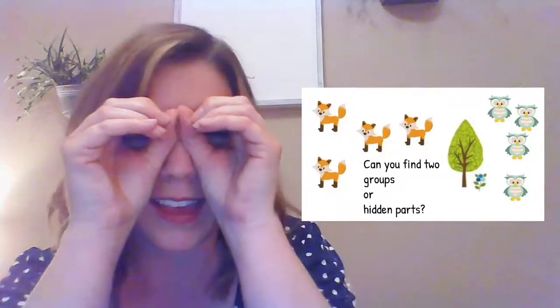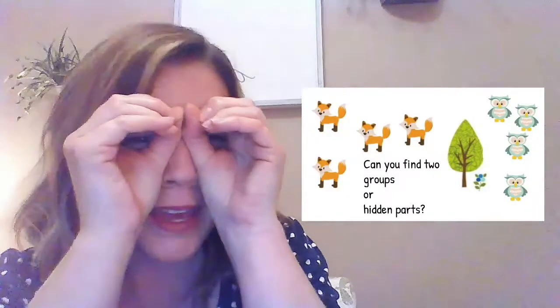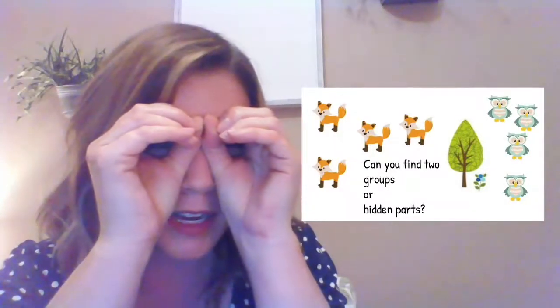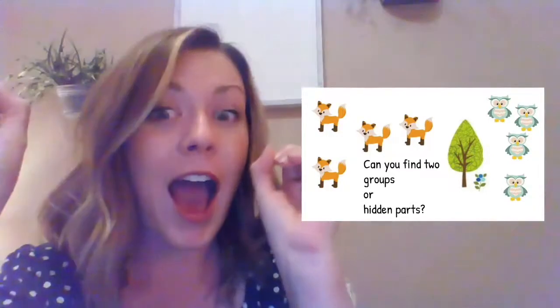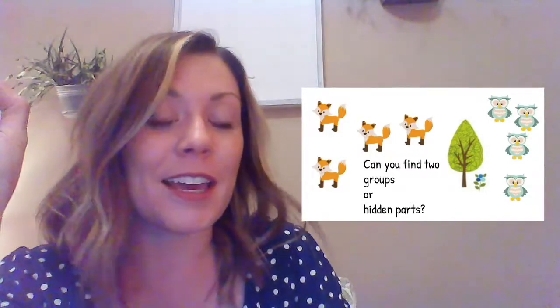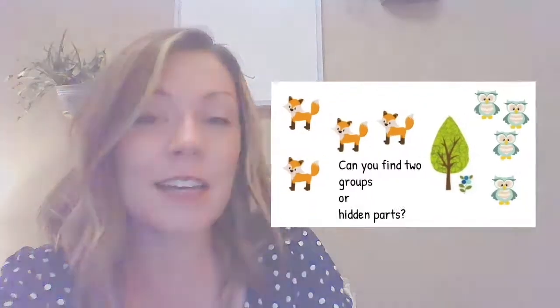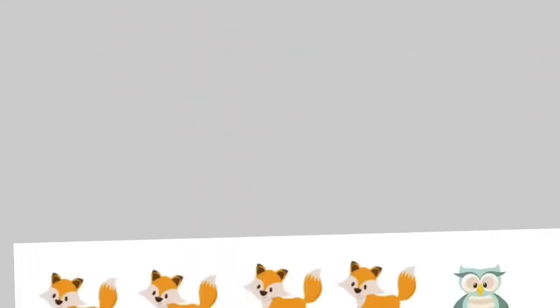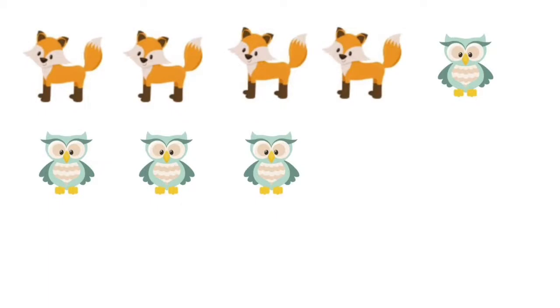I'm going to use my math detective eyes, my number detective eyes. Do you see any? I think I see a way. And maybe my way is not exactly the same as your way, and that's okay. There's more than one way. Here's what my eyes see to organize the woodland animals.